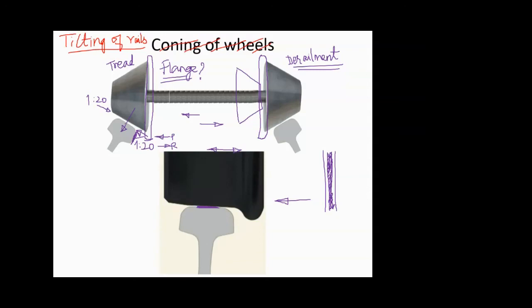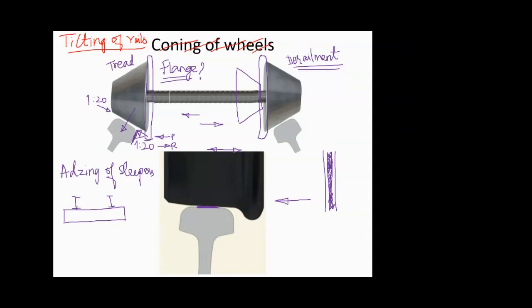And now how will these rails be tilted? They are tilted by the method of adzing of slipper. Now what is this adzing of slipper? We all know the slipper, it is something like this, and on that you fit a rail. Now I am just showing this. I assume this is the flat-footed rail.